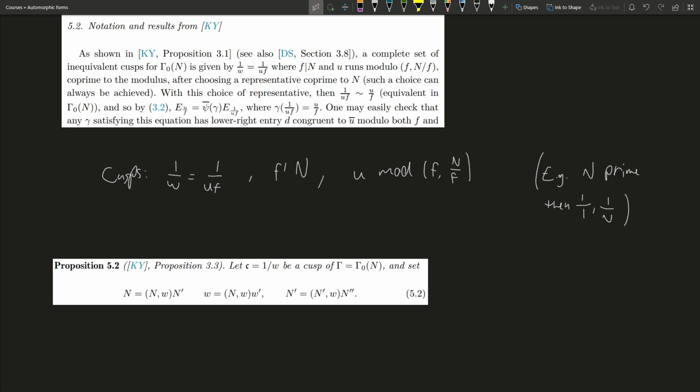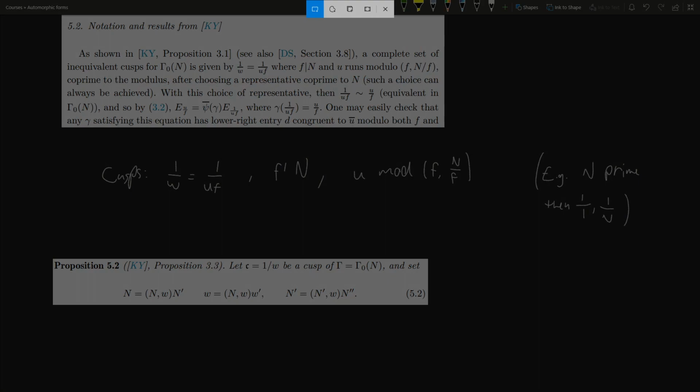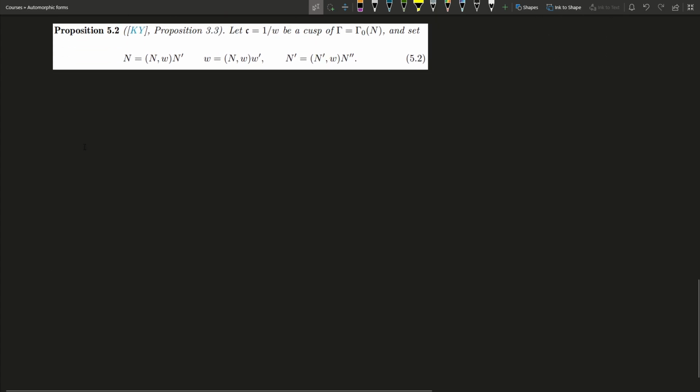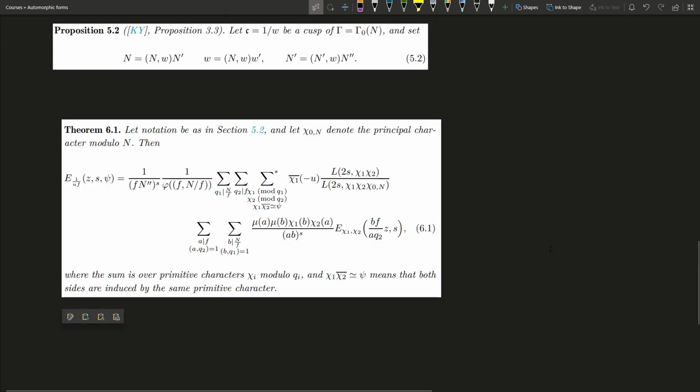And then finally, the main result that we're going to make use of to write down our Fourier expansion is the following. Okay, so this is some big mess, but this is the main formula that we're going to need.